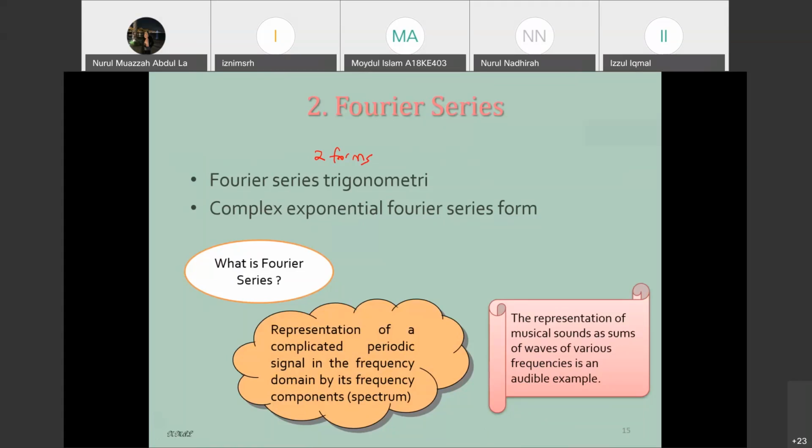We represent that periodic signal in terms of Fourier series. You represent the complicated periodic signal in terms of the frequency domain by its frequency components. Basically, it's a mathematical representation for a periodic signal.